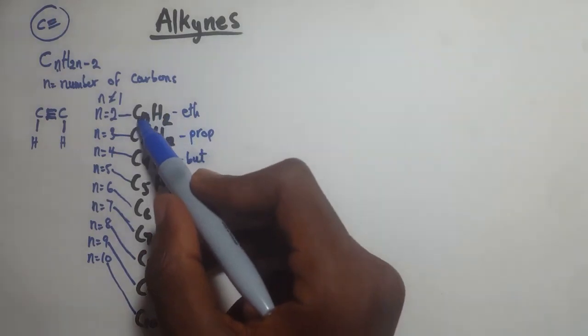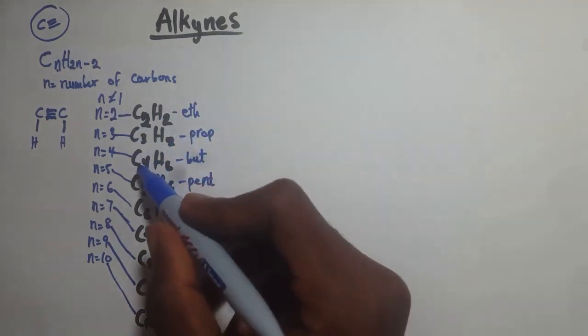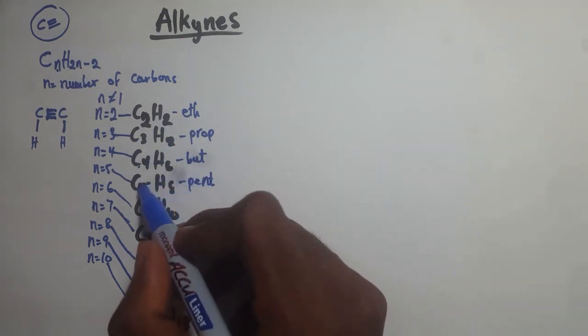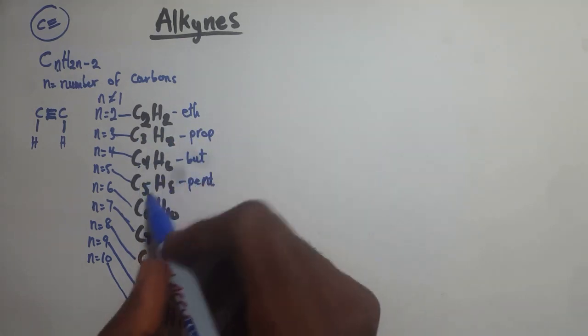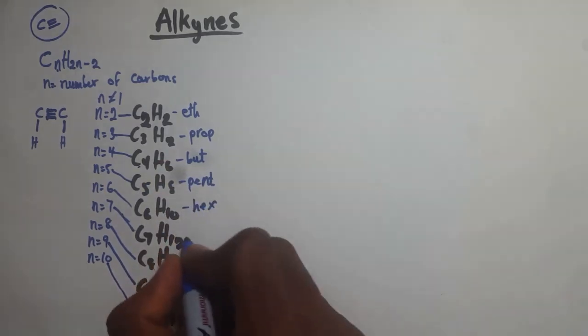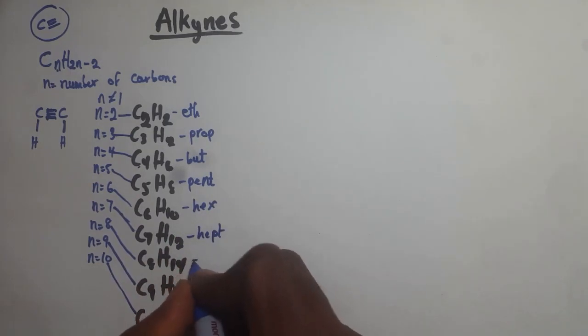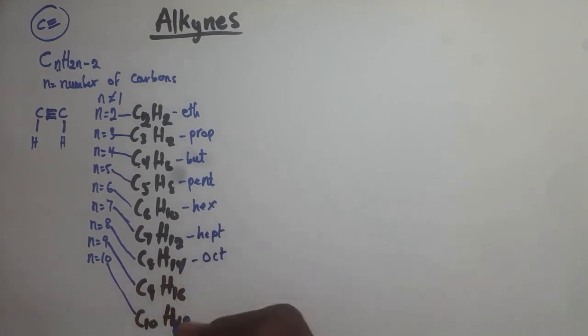When the number of carbons is 2, it's eth. 3, prop. 4, but. 5, pent. 6, hex. 7, hept. 8, oct. 9, non. Then when there are 10, it's dec.